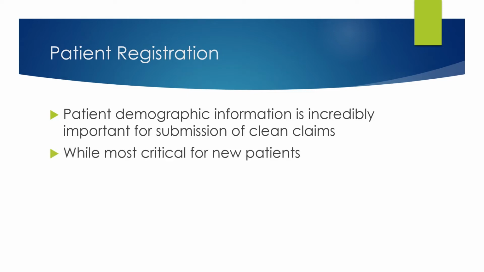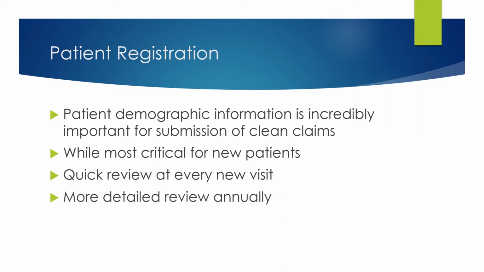Obviously, more important for any new patient, right? But again, we want to have that as part of our process to regularly check that in the office. If there's a way to do a more detailed review on an annual basis, really double checking that the insurance information is correct, address, phone numbers, et cetera, that is also important.